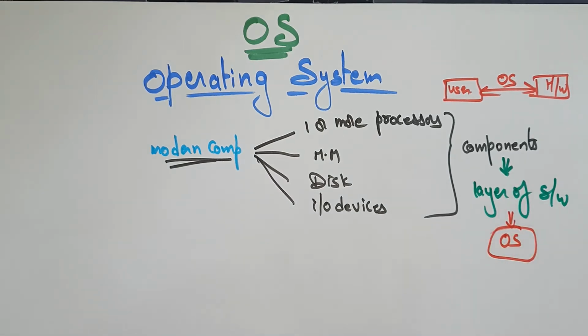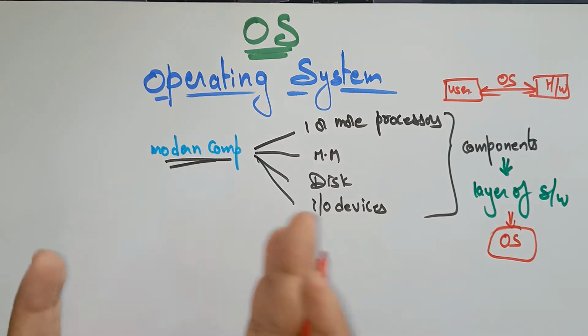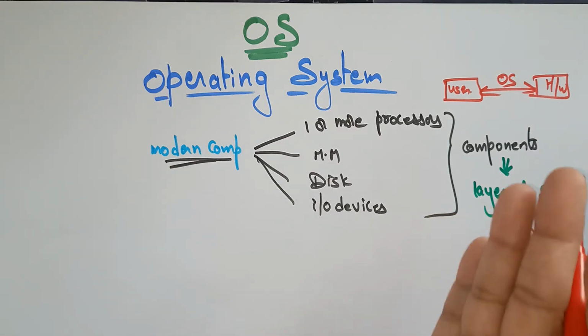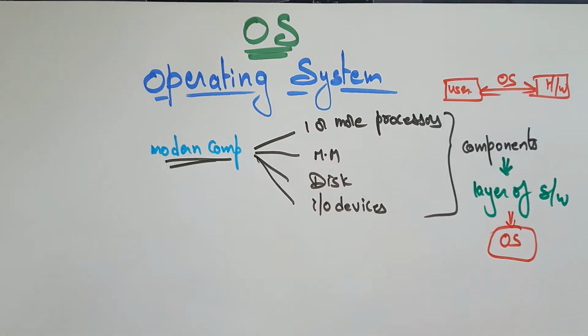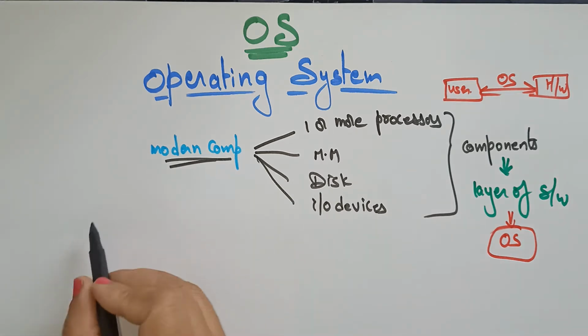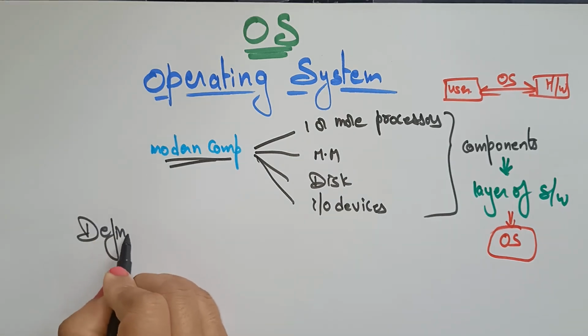So a modern computer consists of a set of components, and to manage all of them, we require one layer of software present in the computer system. That is an operating system. The operating system manages all the components present in the computer system. Clear?